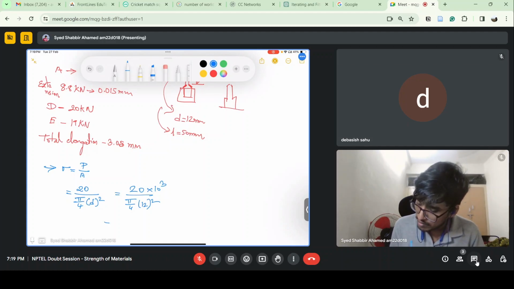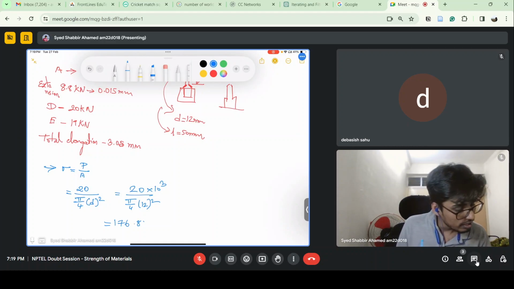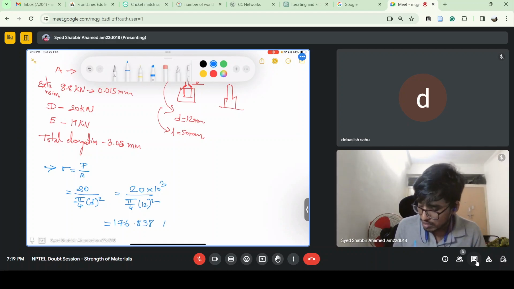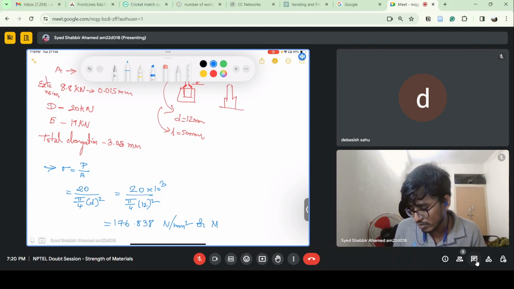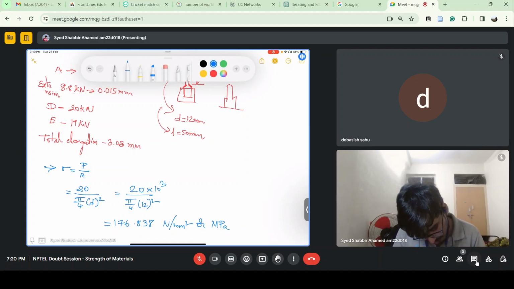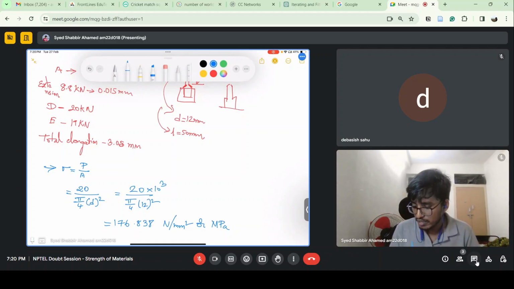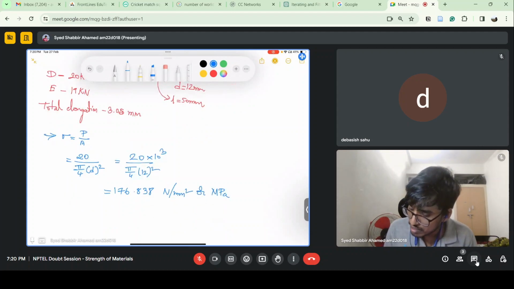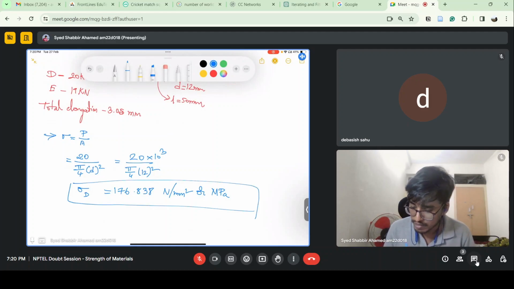I'll get 176.838 Newton per mm square, which can also be called megapascal. So this is the stress at point D, the ultimate stress.